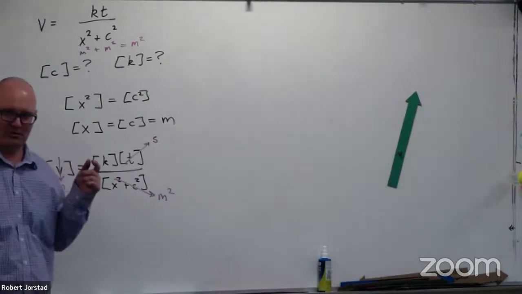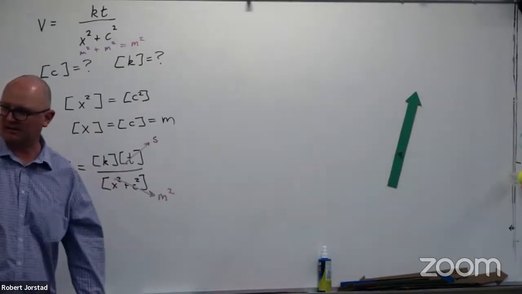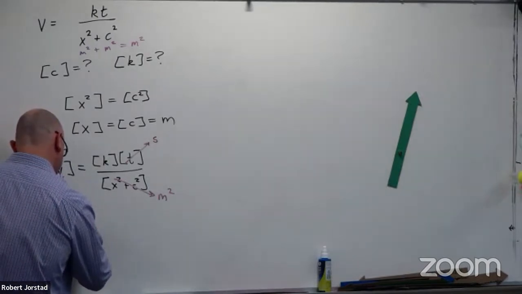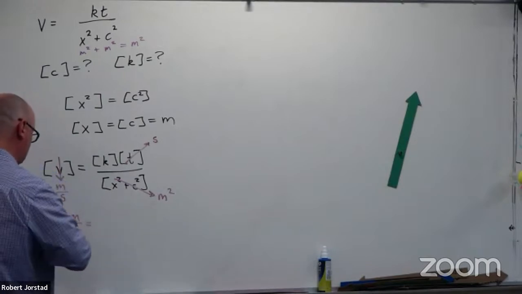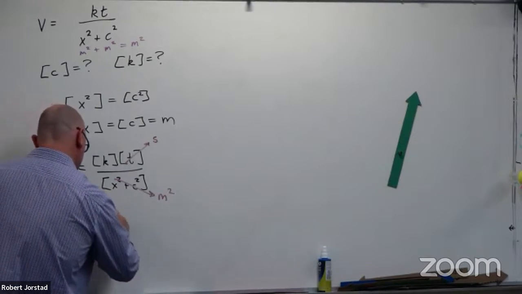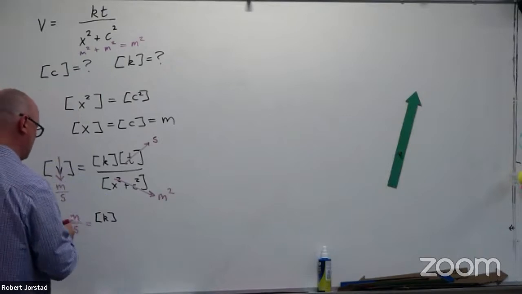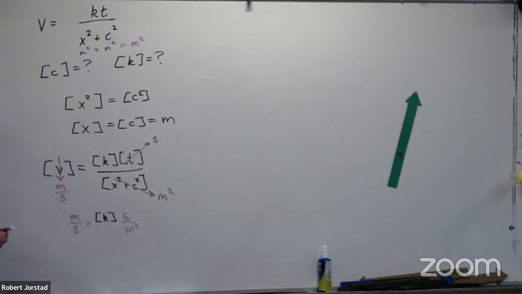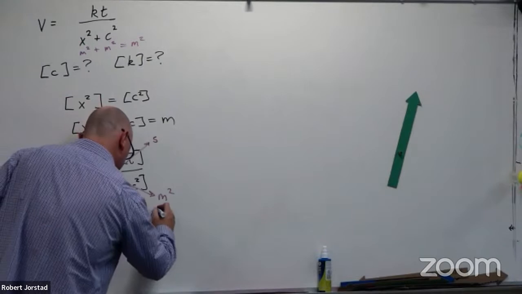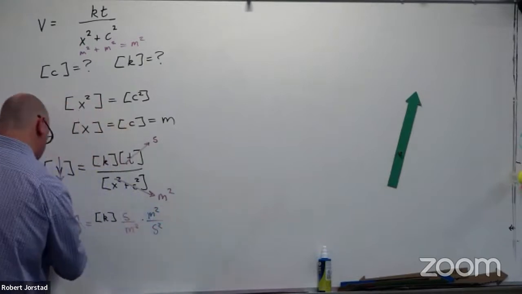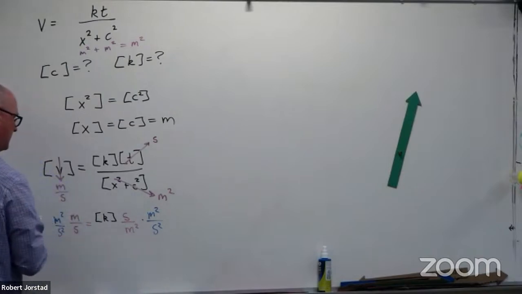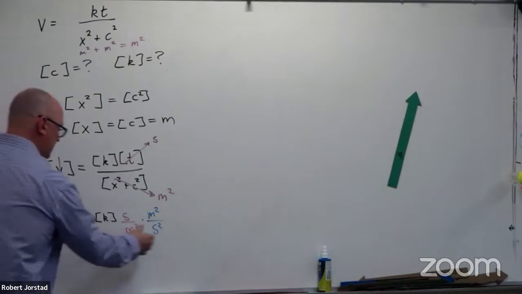You can do the math in any order. All right, so that's probably enough on that. Well, let's finish that, right? So I've got meters per second should equal the units of K times seconds over meters squared. Wait, that's not squared.